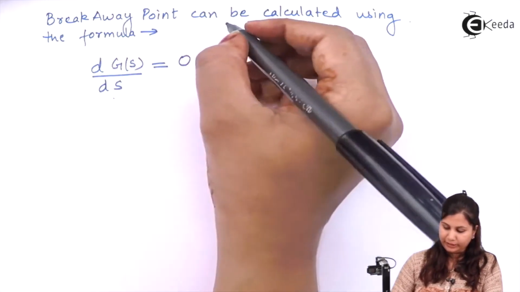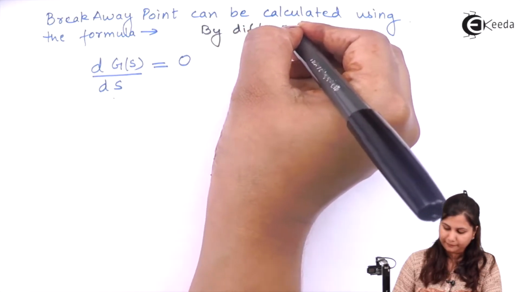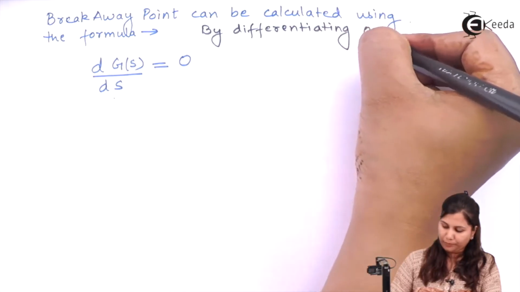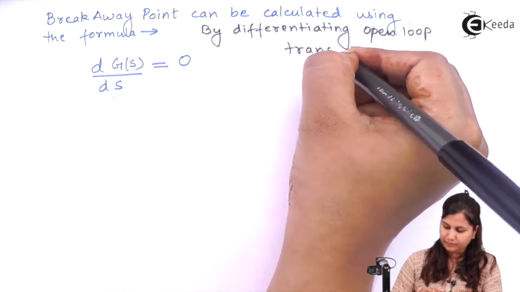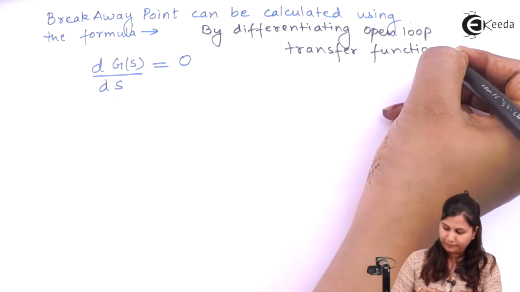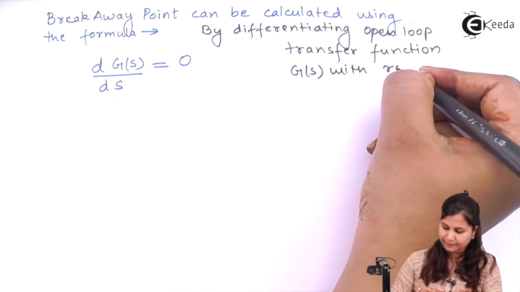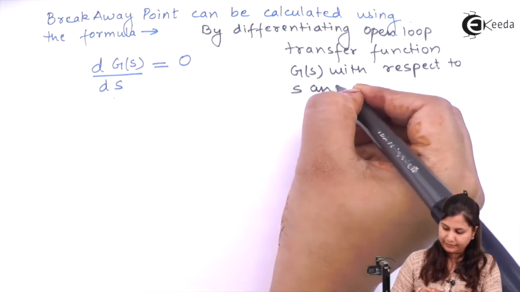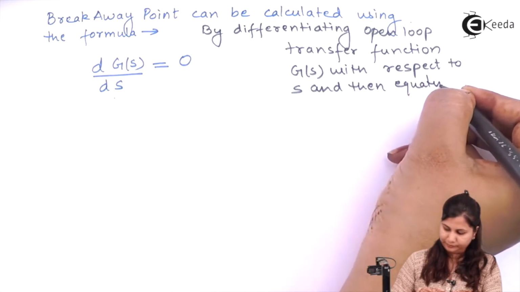It can be calculated by differentiating the open loop transfer function G(s) with respect to s and then equating it to 0.